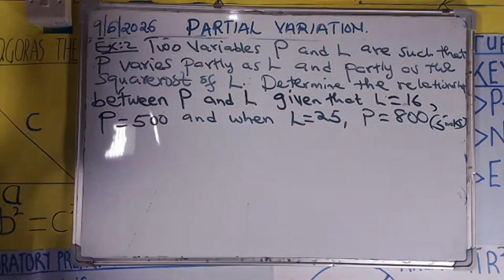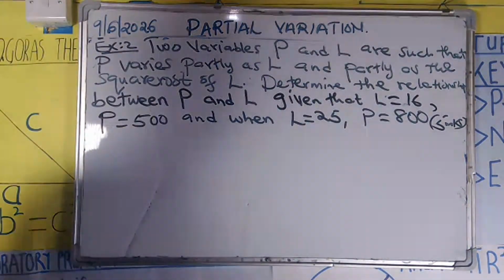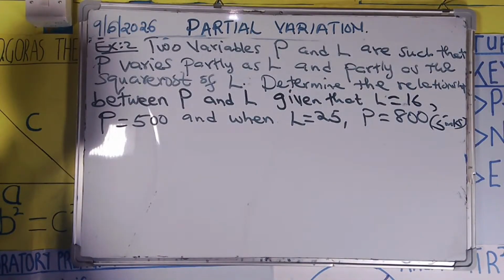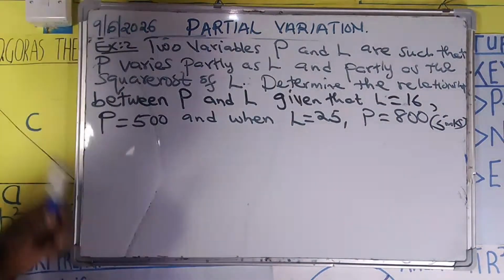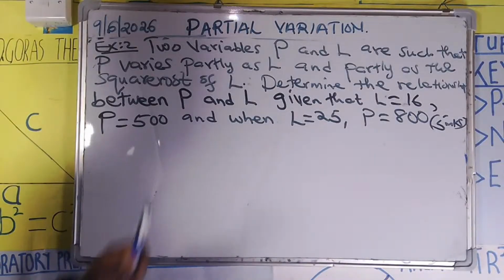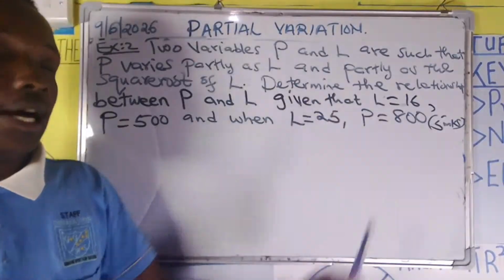So we are supposed to respond to that question. Two variables P and L are such that P varies partly as L and partly as the square root of L. Determine the relationship between P and L given that when L is 16, P is 500, and when L is 25, P is 800.